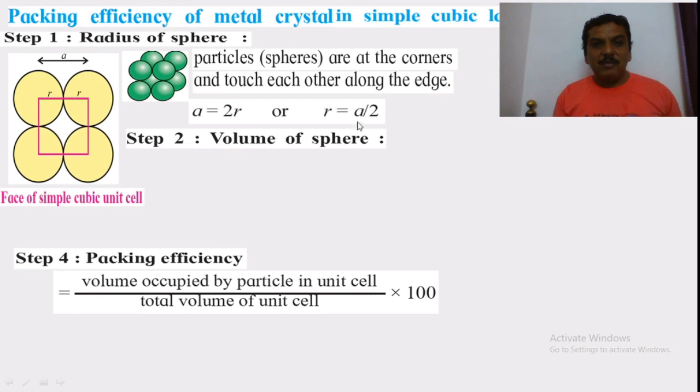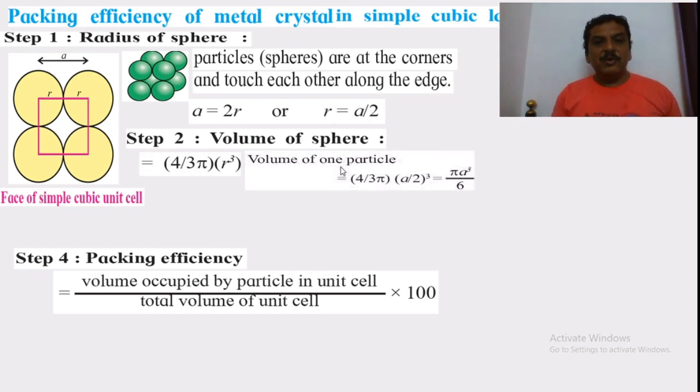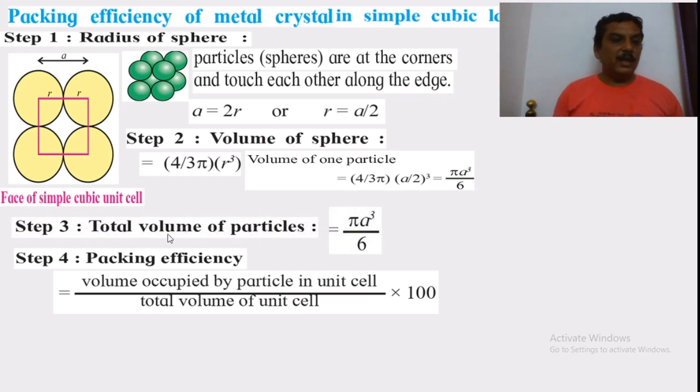For that we have to determine r, because the volume of a sphere can be calculated by using 4 by 3 pi r cube, and the value of r is a by 2. Hence we will put the value of r here: 4 by 3 pi, a by 2 whole cube, is equal to pi into a cube divided by 6. Hence in the next step we have to calculate the total volume of particles.